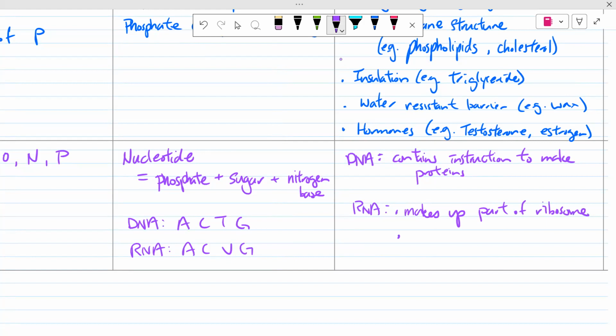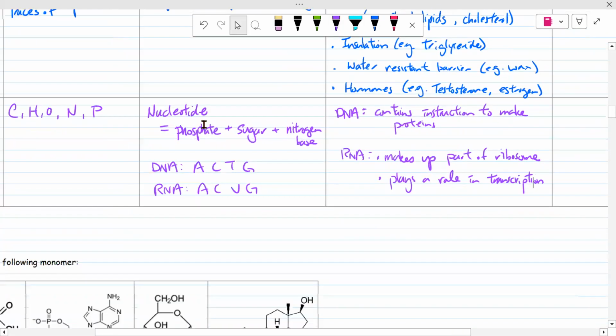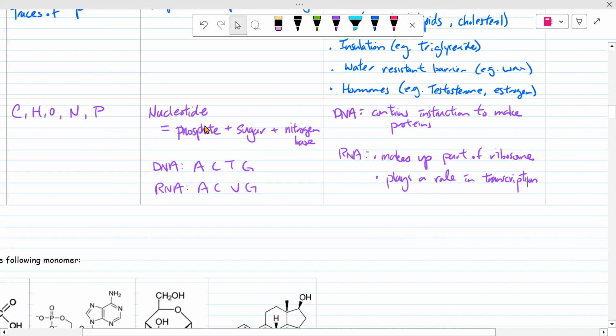Right? And it plays a role in transcription. That's right. Okay, that's all we have to know for now in terms of the function for RNA. We'll learn more about it in the second half of the course.